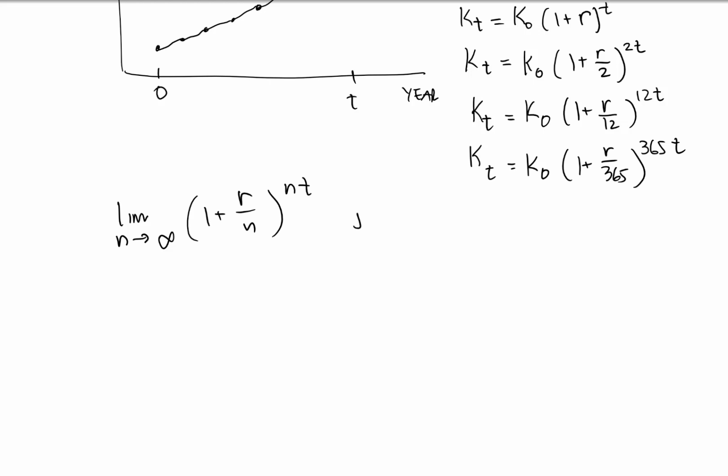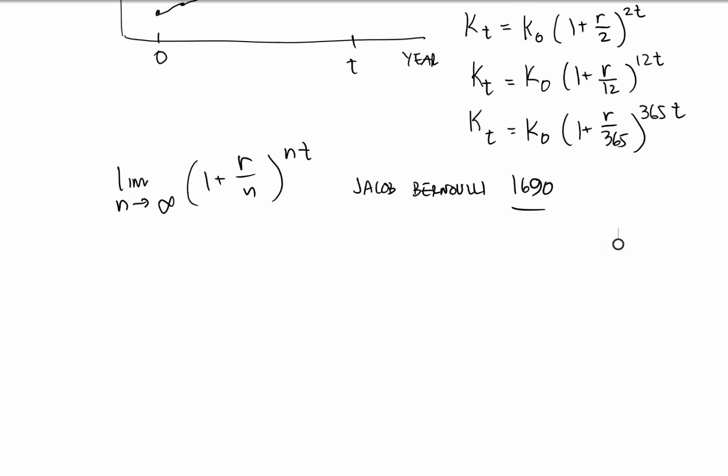Well, it turns out that Jacob Bernoulli worked on this problem at the end of the 17th century, in 1690. It turns out that this problem is very closely related to a slightly easier problem, the limit as n goes to infinity of 1 plus 1 over n, to the nt.